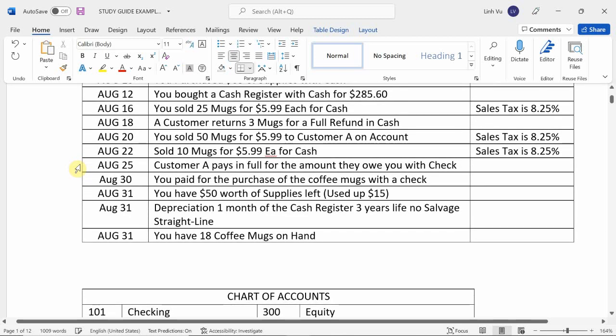Next transaction here on August 30th, you end up paying for the purchase of the coffee mugs with a check. So you end up paying for what you owe.